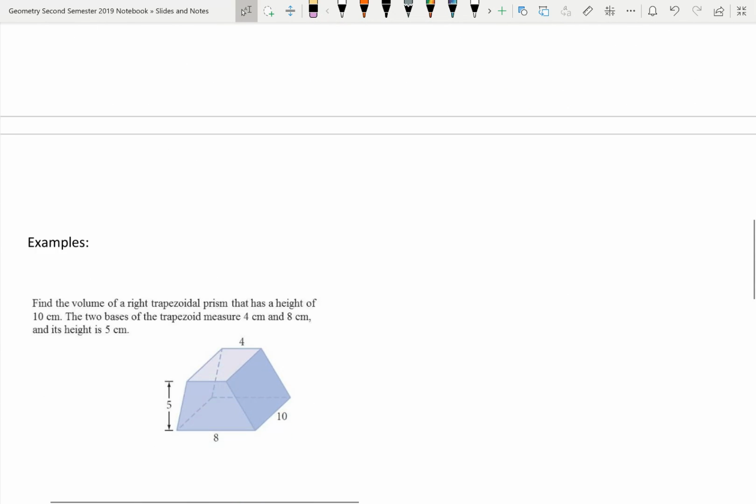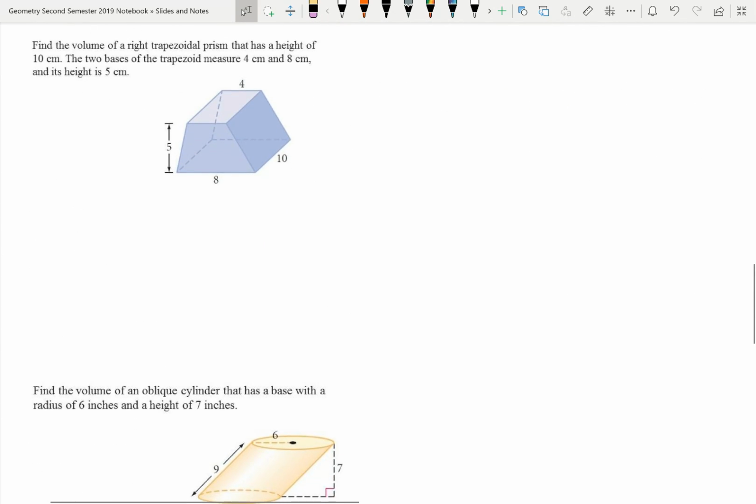Let's do some more examples. Here it says to find the volume of a right trapezoidal prism that has a height of 10 centimeters. The two bases of the trapezoid measure 4 and 8, and its height is 5. Again, the base is two congruent parallel polygons, so the base is actually going to be on the side, and your height is a horizontal distance.